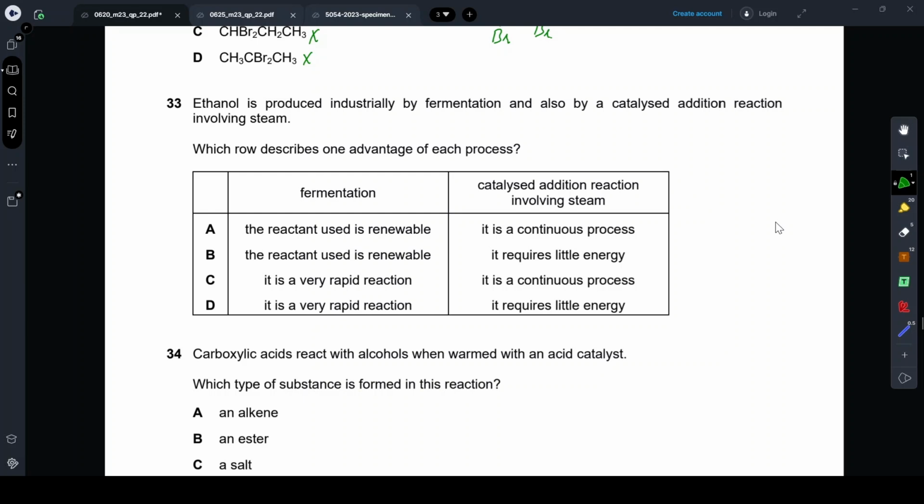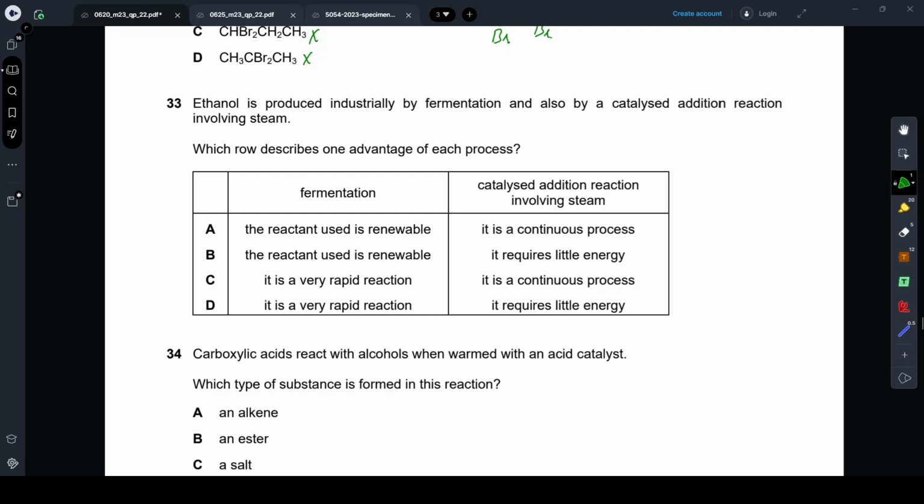Which row describes one advantage of each process? Is it A? Any guesses?